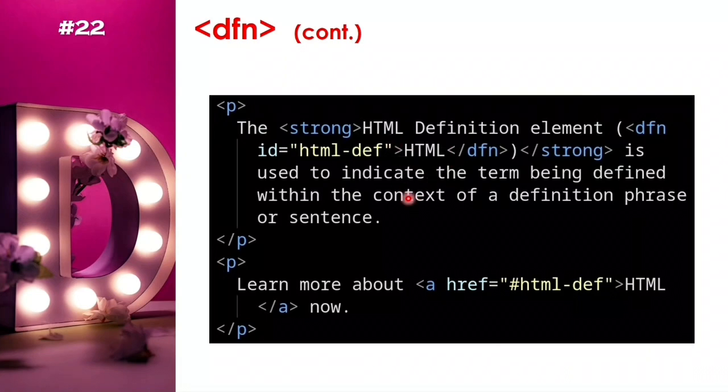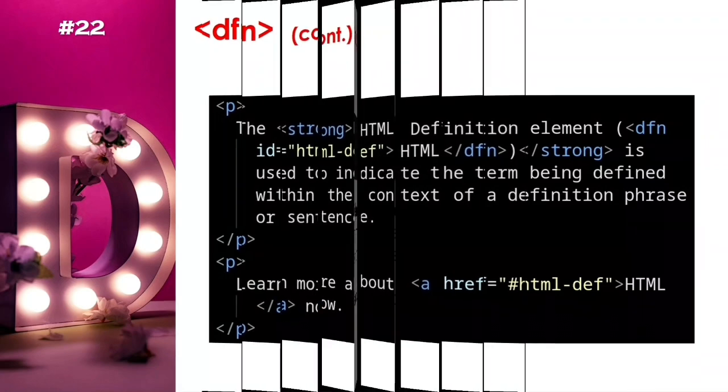The title is what's really used for the term, and the ID is what you have for linking. So later in your web page, you can say learn more about this thing, and use an anchor tag with the href of the hashtag ID. Then it can take them back to the definition part.